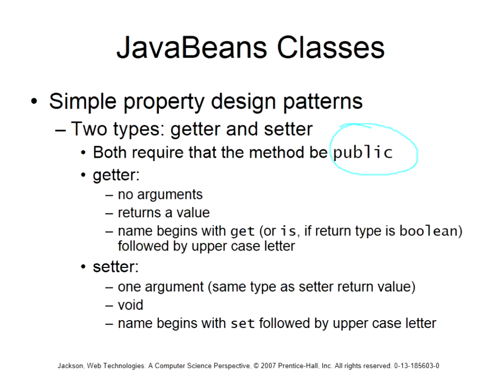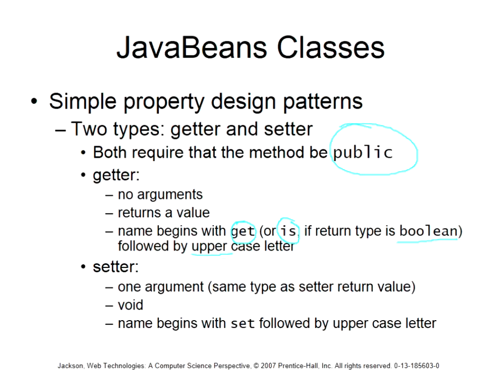For a getter: no arguments, returns a value, and the name begins with get, or is if the return type is Boolean. Is if the return is Boolean, get if it is not.